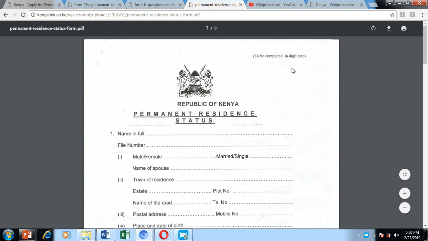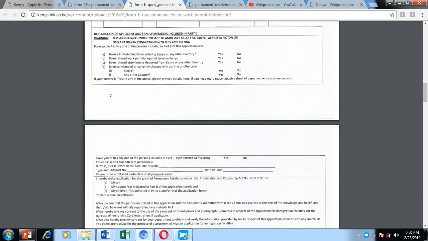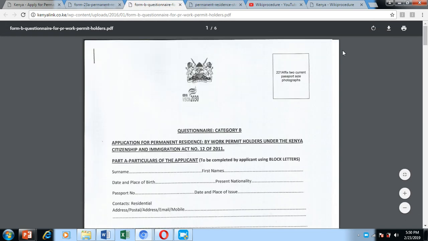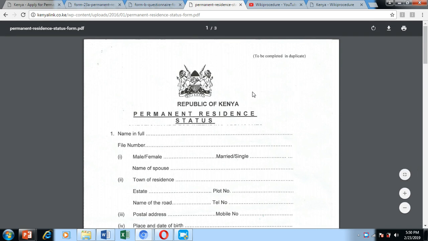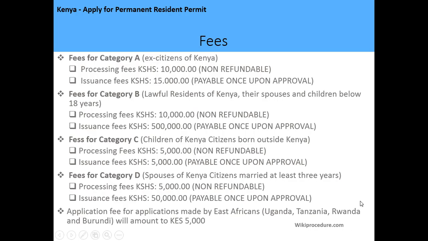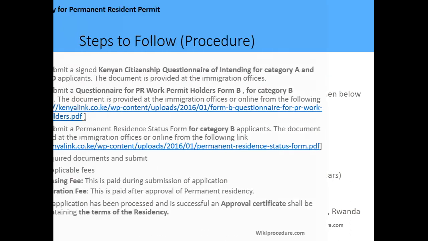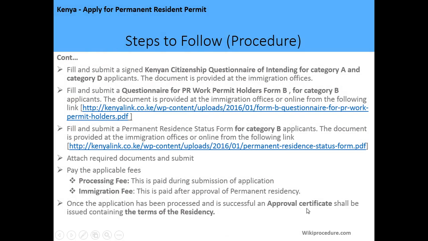It's supposed to be filled in duplicate, and it's for category B. For category B, they are also supposed to fill in the permanent residence status.